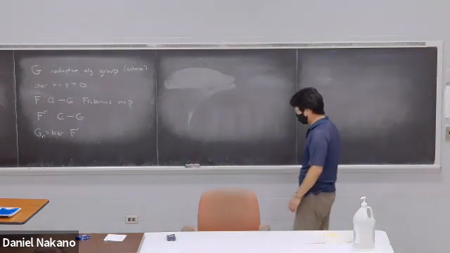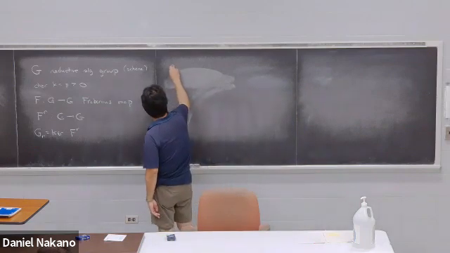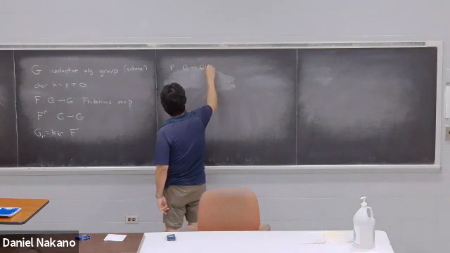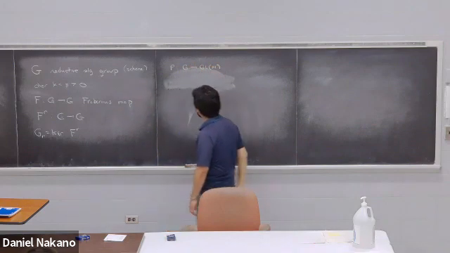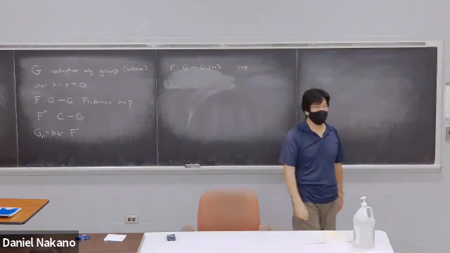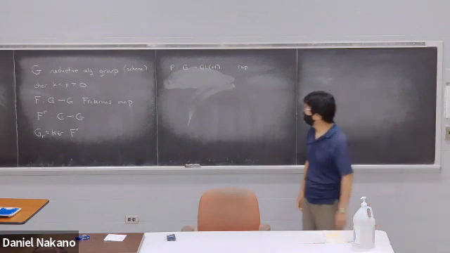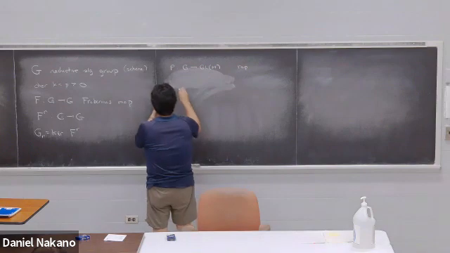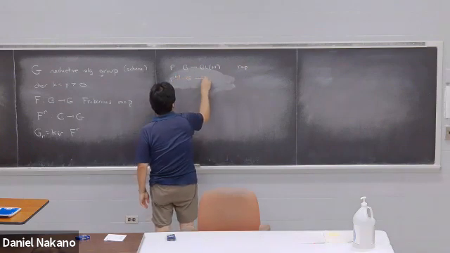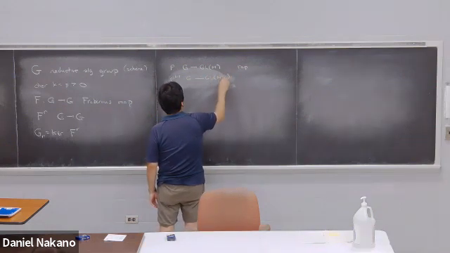Now, with this setup, if we have a representation rho which goes from G to GL(M), then we can twist the representation by F to the r. So we get rho_r, which goes from G to GL(M), twisted by r.